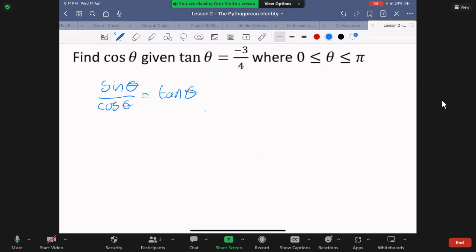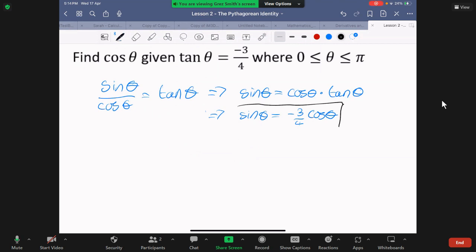This implies that sine theta equals cosine theta times tan theta. So that tells us that sine theta is equal to minus 3 over 4 cos theta. We can use this equation, substitute it into the Pythagorean identity.